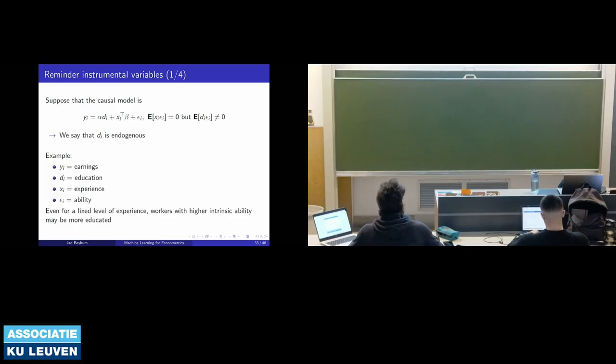Say Y_i is earnings again, D_i is education, X_i is experience, and epsilon_i is ability, some kind of intrinsic ability. You want to know what is the effect of education on earnings. You might put as many controls as you want in X. You will probably never be able to fully control for ability. Of course, the one issue here is you can control for many characteristics.